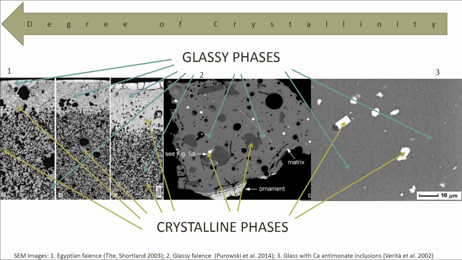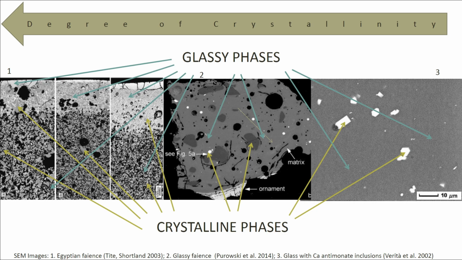Since the amorphous state is the definitive feature of vitreous materials, it is important to investigate the so-called degree of crystallinity, which is basically analysis of phases present in the material. On these electron microscope images, you can see the faience with only the surface part being purely vitreous. The rest is a mixture of crystalline phases and some vitreous ones.